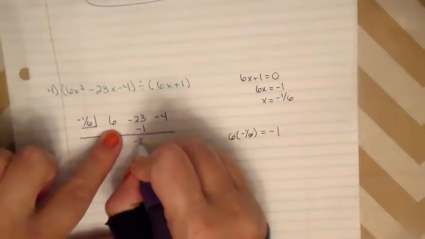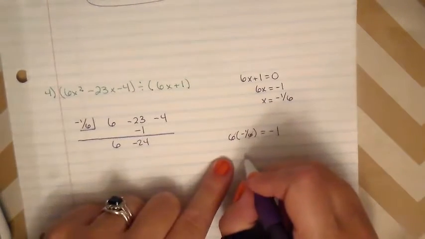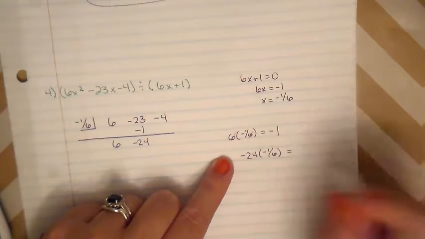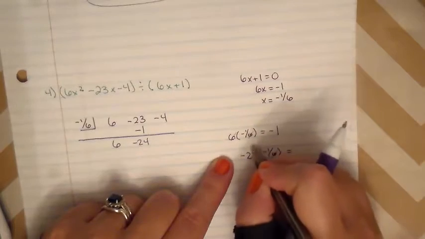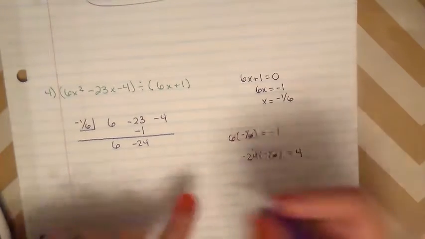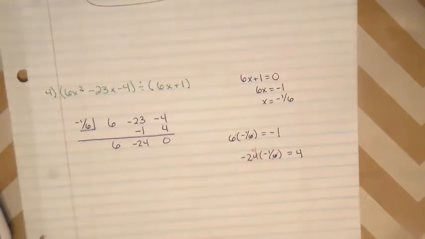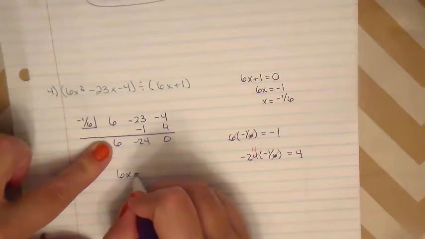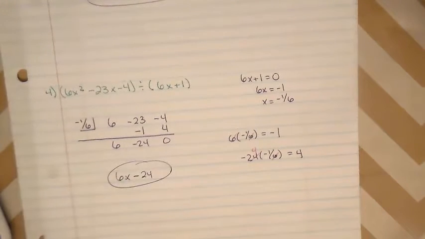When I add those together, I get negative 24. Negative 24 times negative 1/6. 6 goes into 24 4 times. Negative 4 times negative 1 is positive 4. And I get a remainder of 0. So my answer is going to be 6x minus 24.